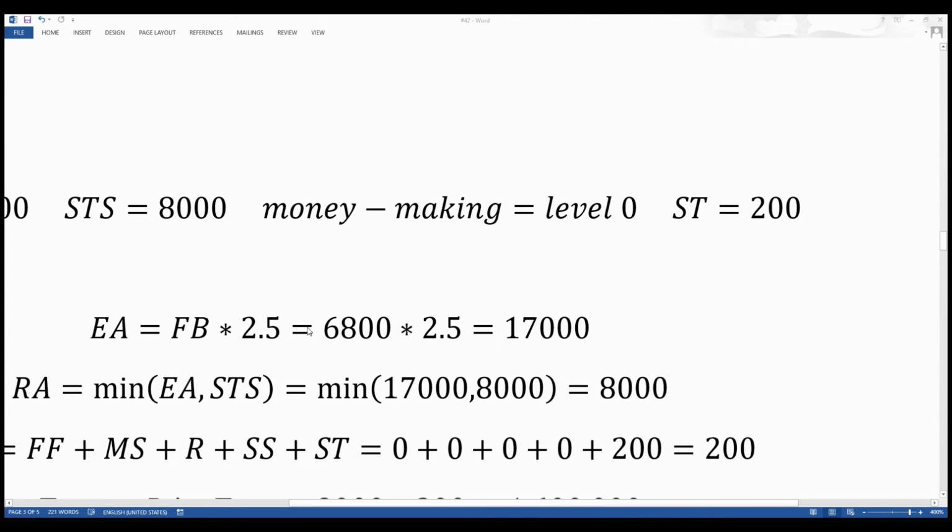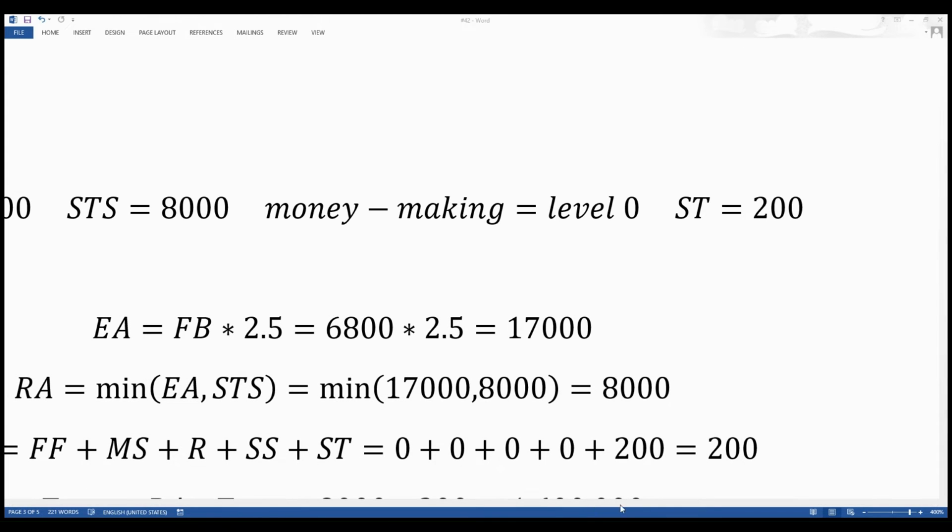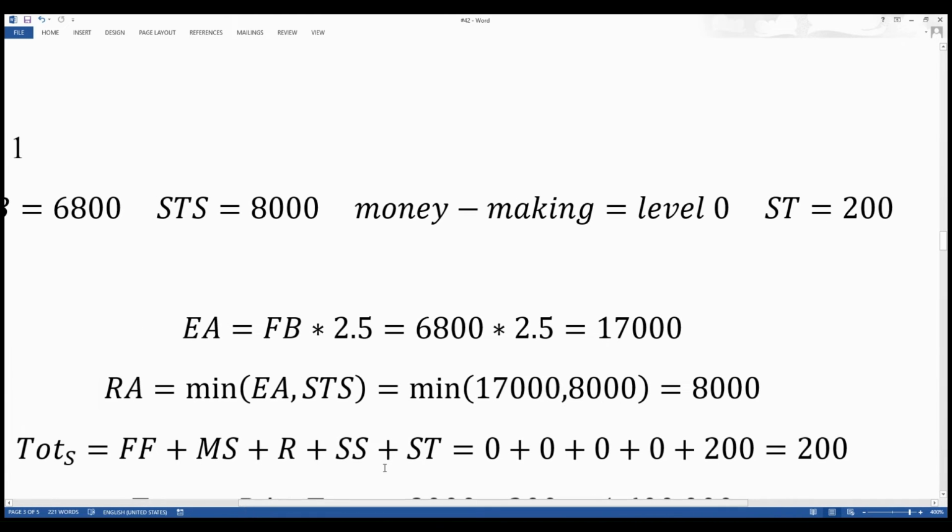We have the fan base, the 2.5 rule, we have 17,000. So this club is expected to have 17,000 supporters watching the game. However, the real attendance will be smaller because, as we saw, the stadium size is just 8,000. Then the real attendance will be 8,000, because it's the minimum between these two values.